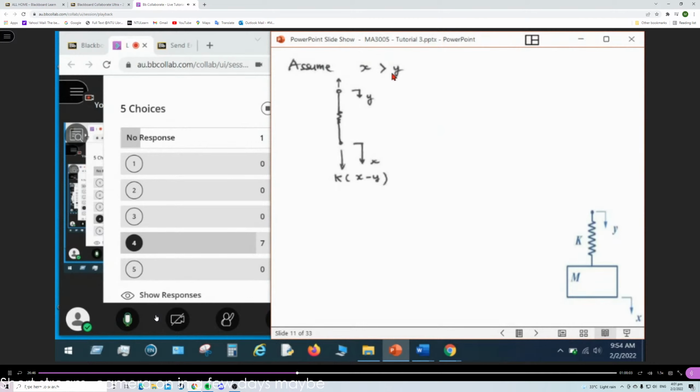So we assume x is larger than y. Then we will have a spring force in this direction. This direction may not be downward, but anyway, we can assume this system is horizontally represented in this direction only, without considering mg. Here we have x, but x is displacement, not force.